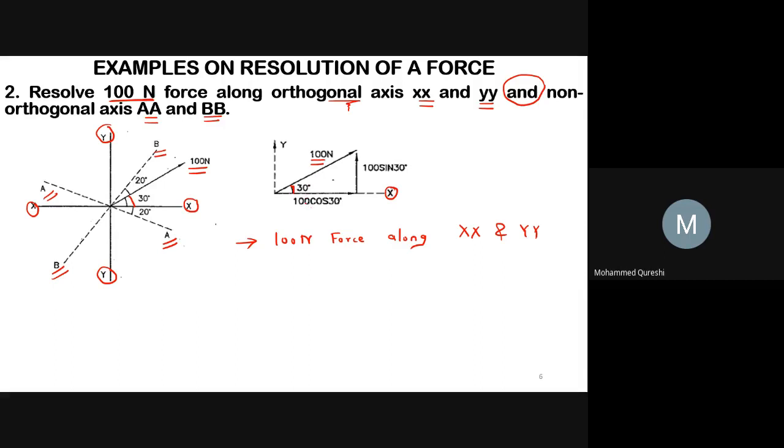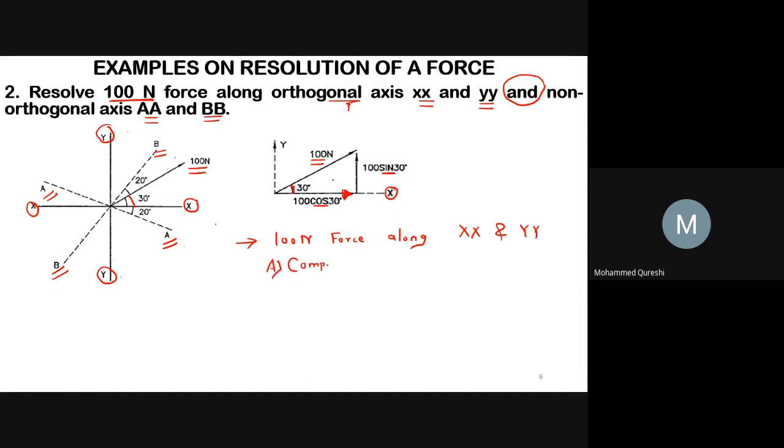One component will be along the horizontal axis, therefore it will be cos, and along the vertical it is given as sine. So the 100 Newton force has two components along the x-axis and y-axis, 100 cos 30 and 100 sin 30. So first of all, we will resolve the component.